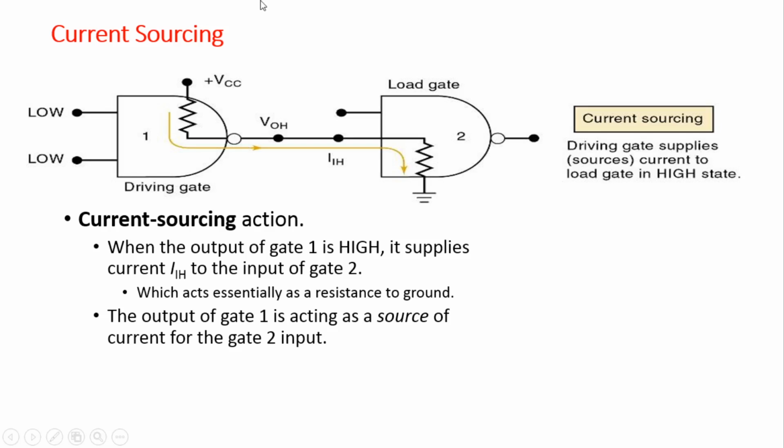So here this one is driving gate 1 and this one is driving gate 2, which is also called the load gate, because it is connected in the output section. Here the direction shown is the current flowing direction, and because of this action it is called current sourcing.